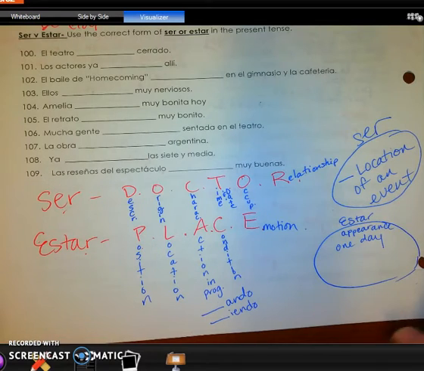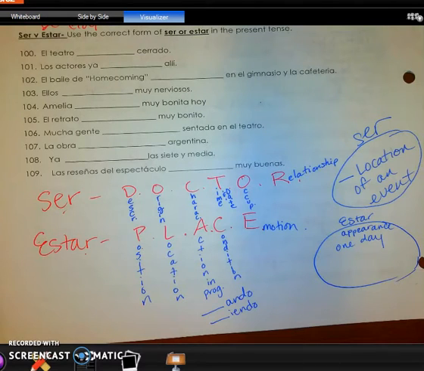So those kind of go against the grain of what we would think, right? So we think location is estar, because that's the L in place. But if I'm saying that my daughter's birthday party is going to be at Pump It Up, then it's going to be ser, because I'm discussing the location of a specific event, okay?